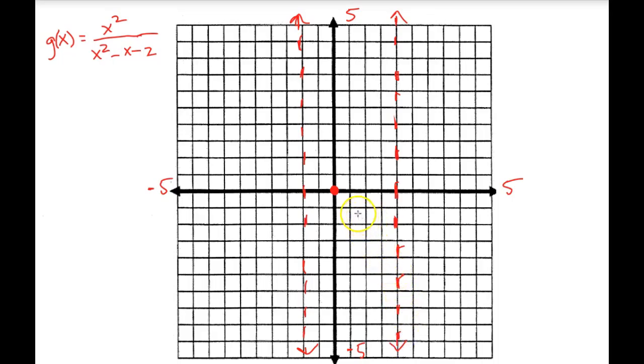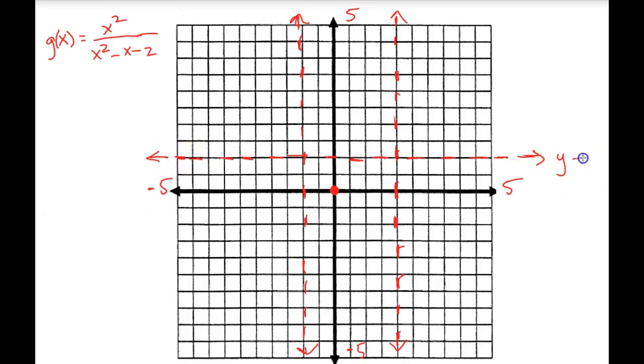Okay. And so the other thing that we know is that we have a horizontal asymptote at y equals 1. So we'll go ahead and draw that now. So this is y equals 1.